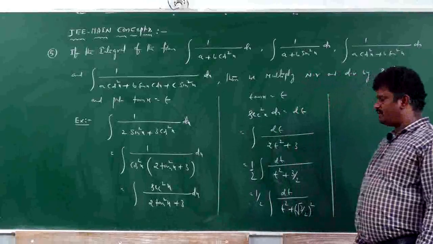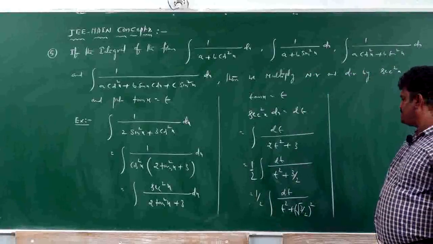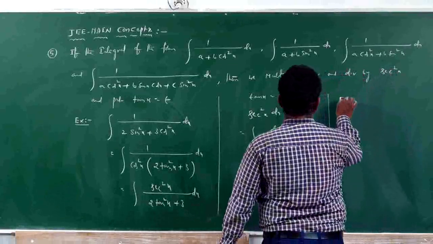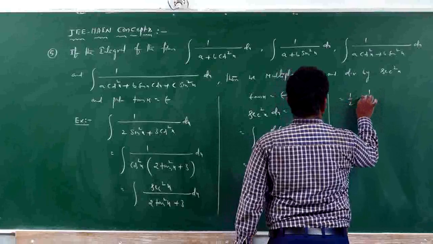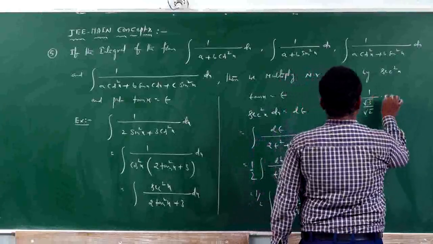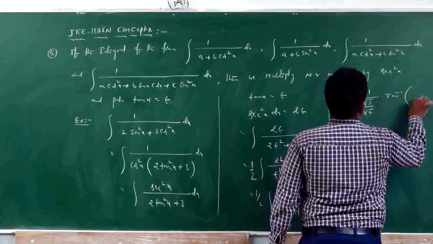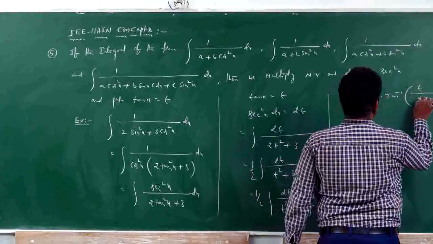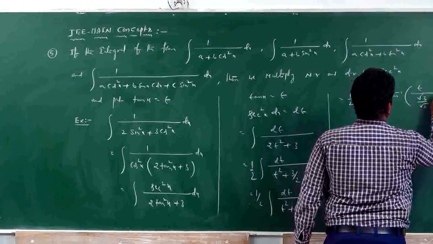Now the formula: integral 1 by x square plus a square is 1 by a tan inverse of x by a. Already 1 by 2 is there, and 1 by a means square root of 3 by square root of 2 into tan inverse of t by root 3 by root 2 plus c.